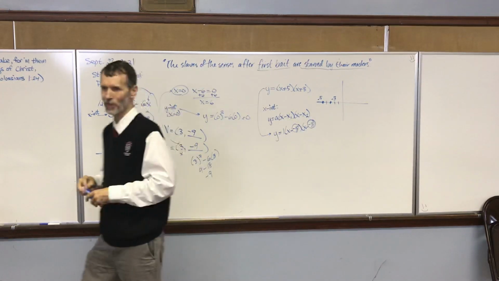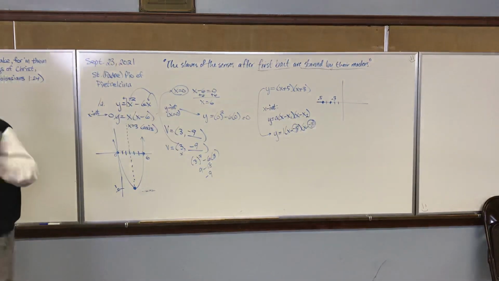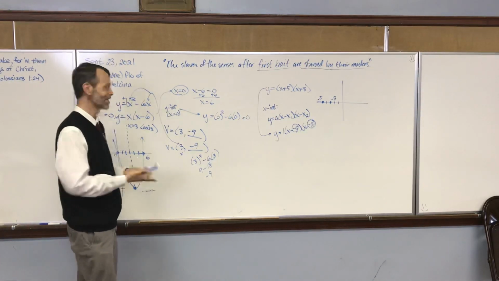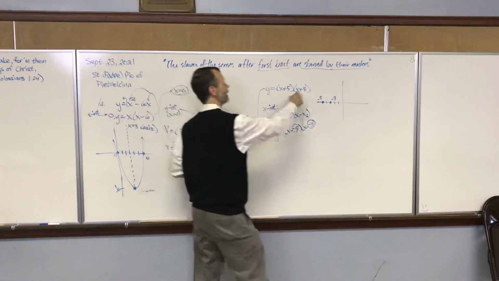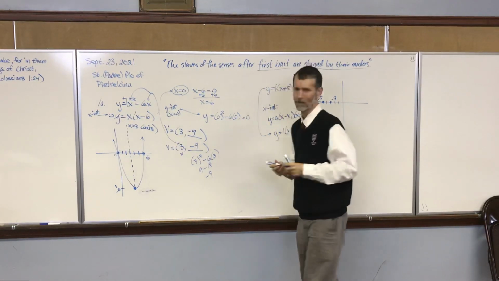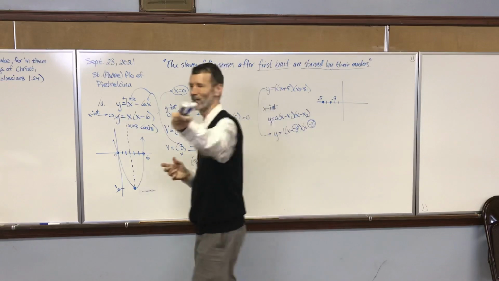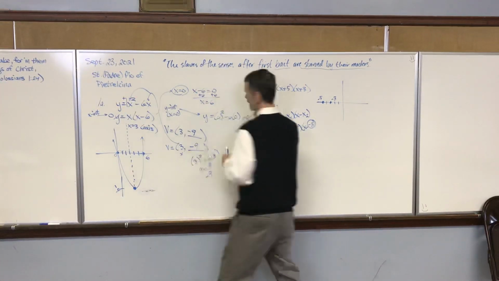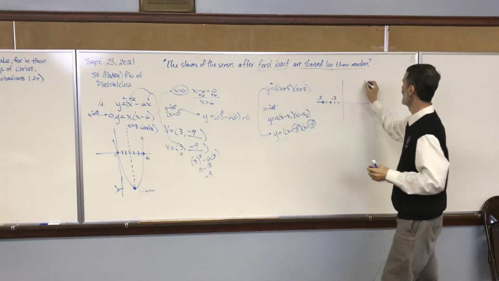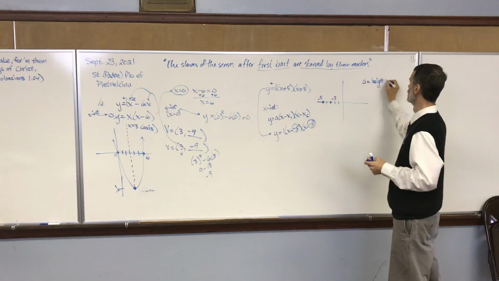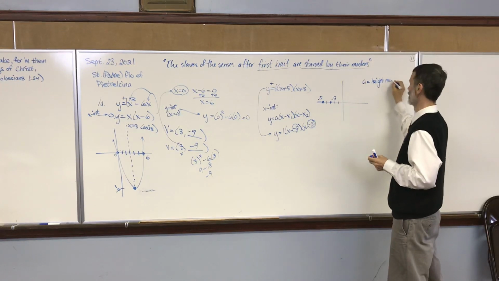Can somebody tell me if this parabola is opening upward or downward? Megan, what do you think? Is this an upward parabola? Here's the formula. Now we can put a 1 here. Is it going upward or downward? Upward. Why do you say that? The a in all of these is called the height multiplier. We did this last year, but it's been a while, like 9 months.